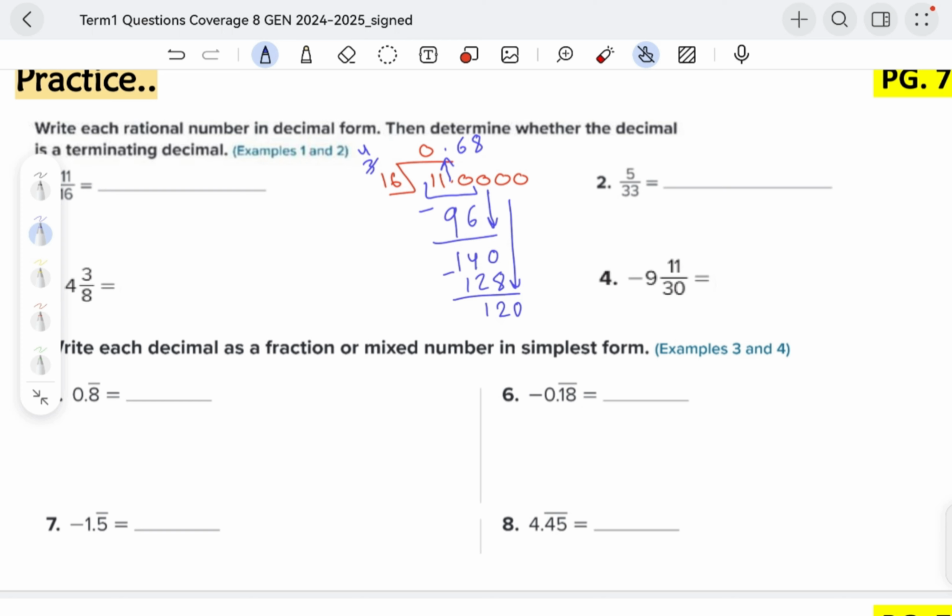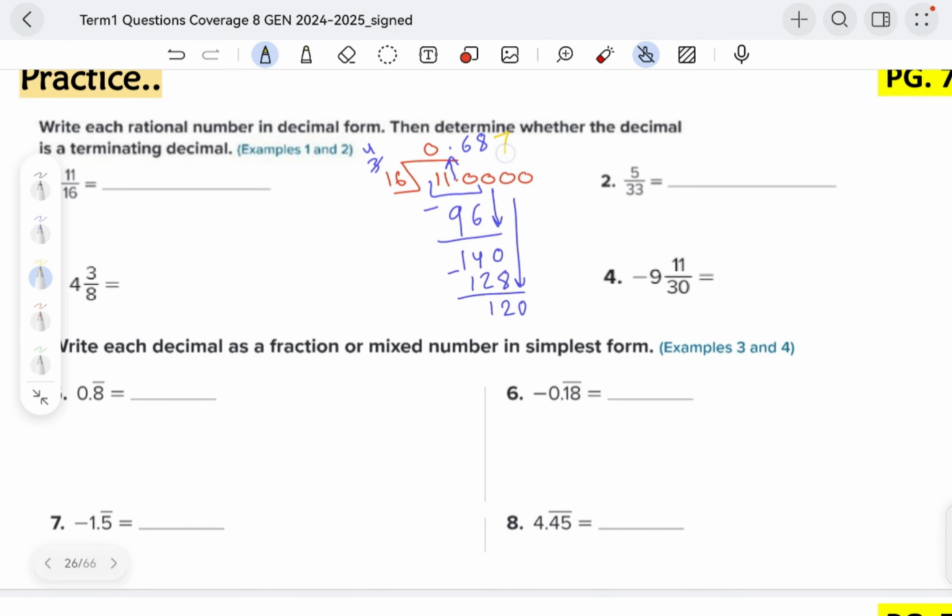120 divided by 16. It's smaller than 8 by 1, so we're going to choose 7. 7 times 6 is 42. 2 down, 4 up. 7 times 1 is 7 plus 4 is 11. Subtract, 120 minus 112 is 8.